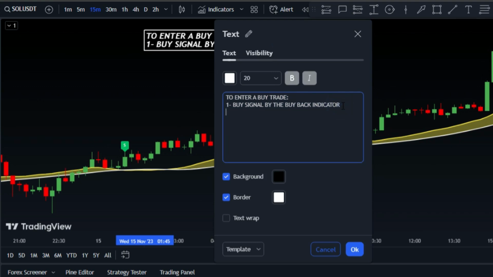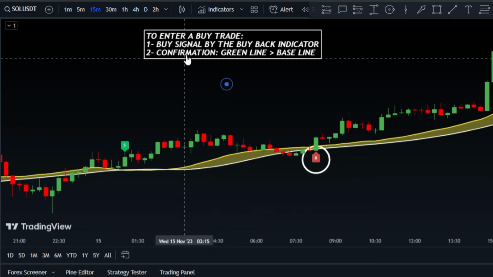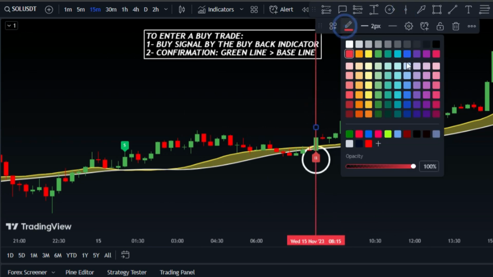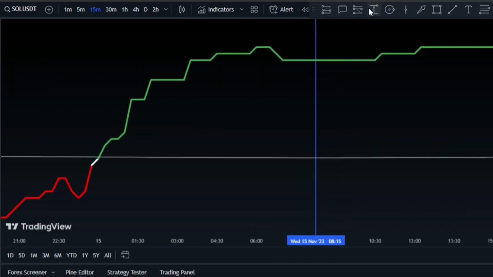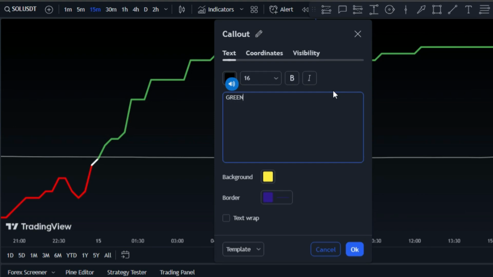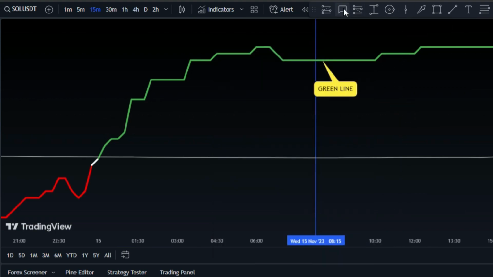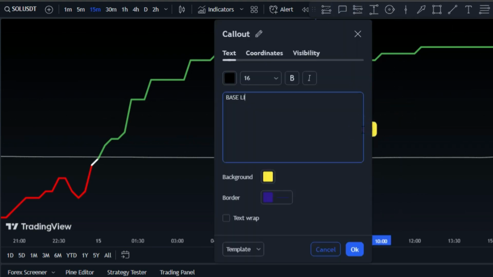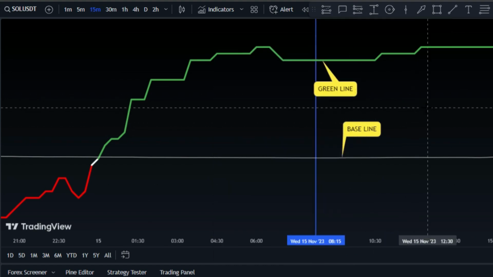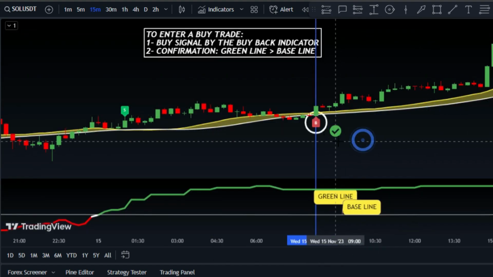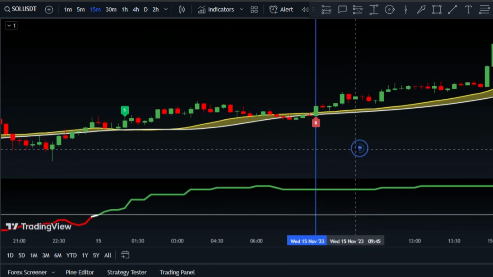Next, we need confirmation from our trend indicator that the buyers are in charge of the market. Once both of these conditions are met, we have a confirmed buy signal for our strategy.